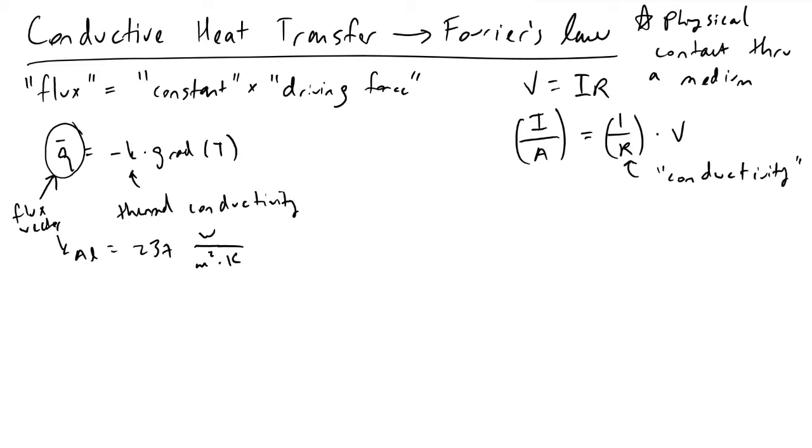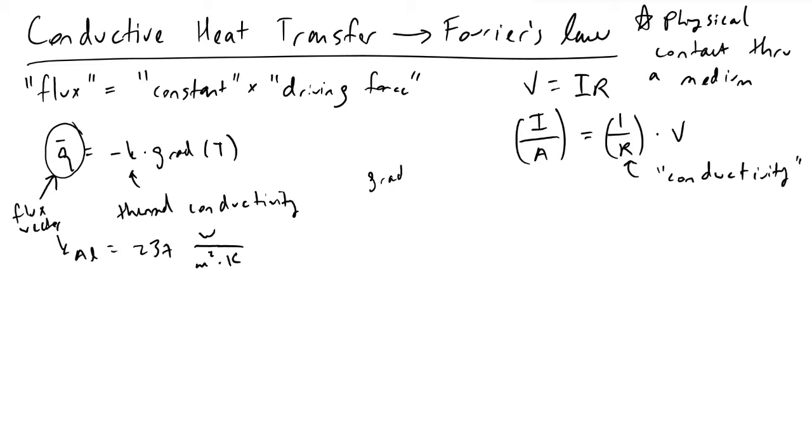And we know that temperature we can model as a function in space. And so if we were living in 3 dimensions, which we are, we know that there's an x, y, and z coordinate.